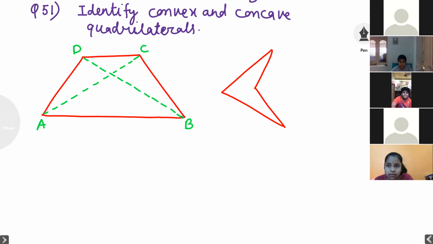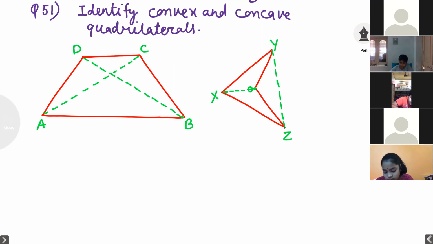Now in this first figure you are observing both diagonals exist inside, but in the second figure, I'm giving the names X, Y, O, Z. You are observing one diagonal is lying inside, no problem, but the second diagonal is lying outside the figure.